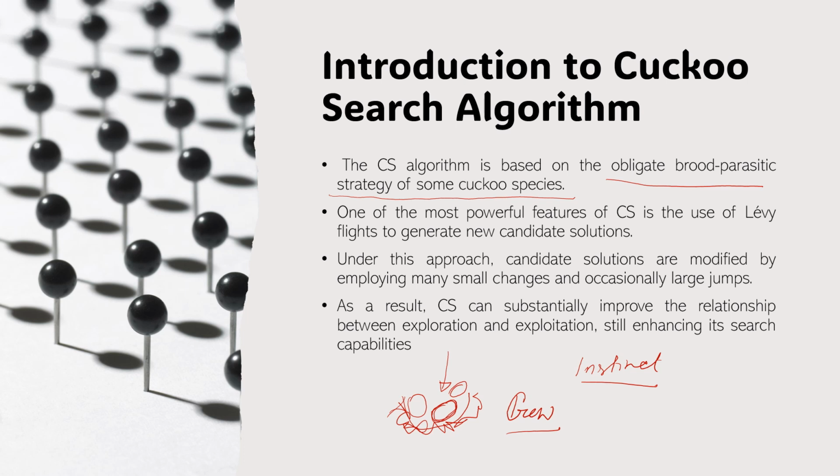Now there are two types of path that a bird follows. One is random, another one is Levy. Along with birds, some species of reptiles also follow this. In the case of this Levy path, the species first sees where it stands, its current position, and then it makes many small changes and occasionally large jumps.